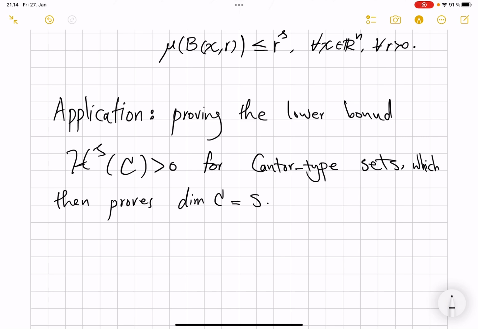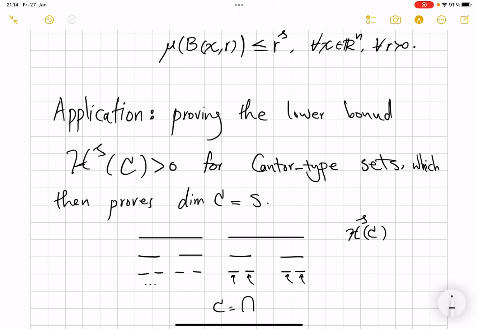So where does this come from? Remember that by its very construction, when you construct a Cantor set, you have a covering of the set with countable union of sets. In this case, they will be the approximating finite step constructions of the Cantor set. So the union of these line segments, if you are in R1, is a covering of the set, and usually that establishes the upper bound that HS of the Cantor set, which is the union of all these steps, is finite.